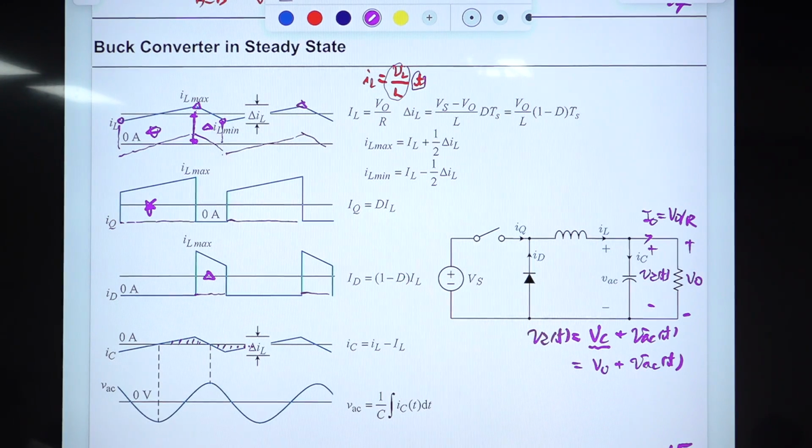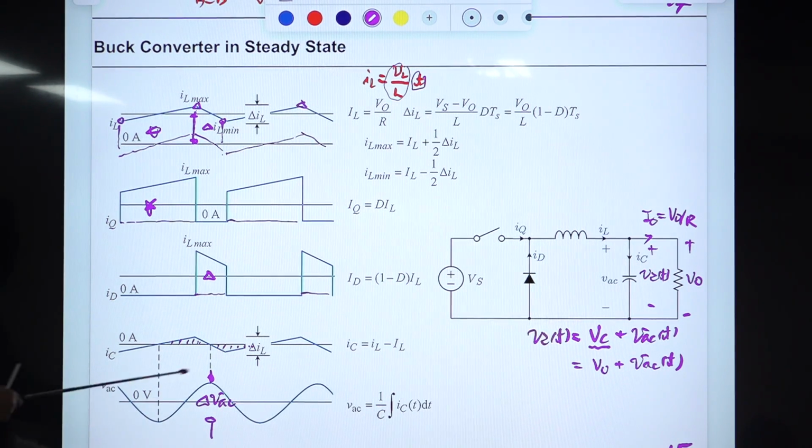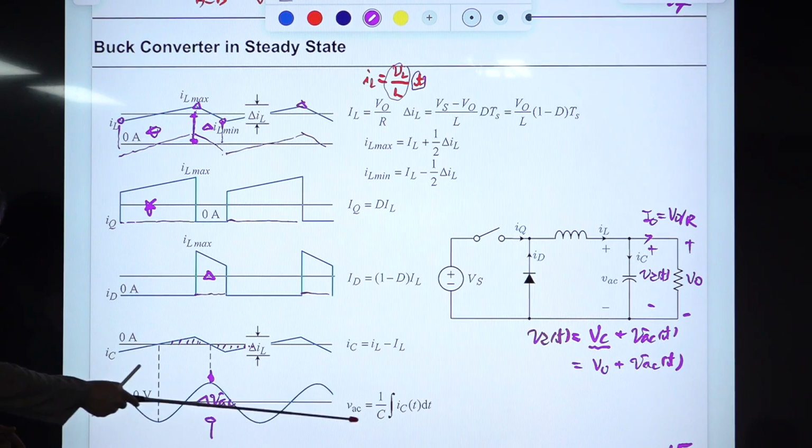Okay. And this peak-to-peak value of VAC is important. This is del VAC. Okay. What we want to know is just this one. You are not interested in the equation of this. You are not interested in the exact waveform of this either. Okay.